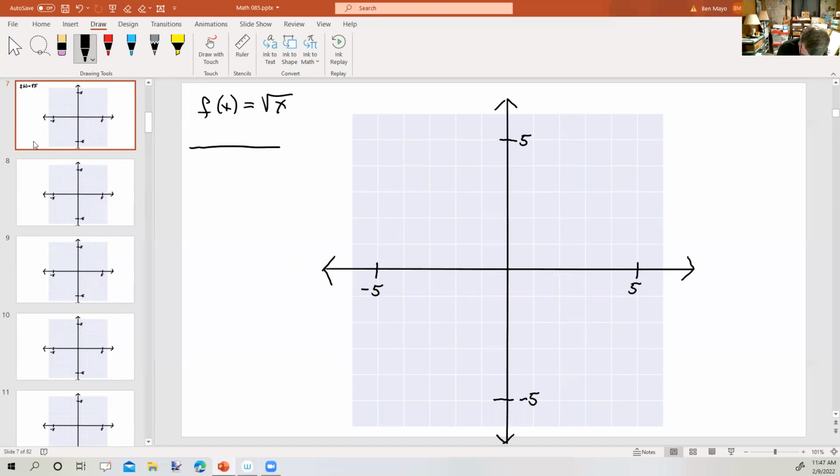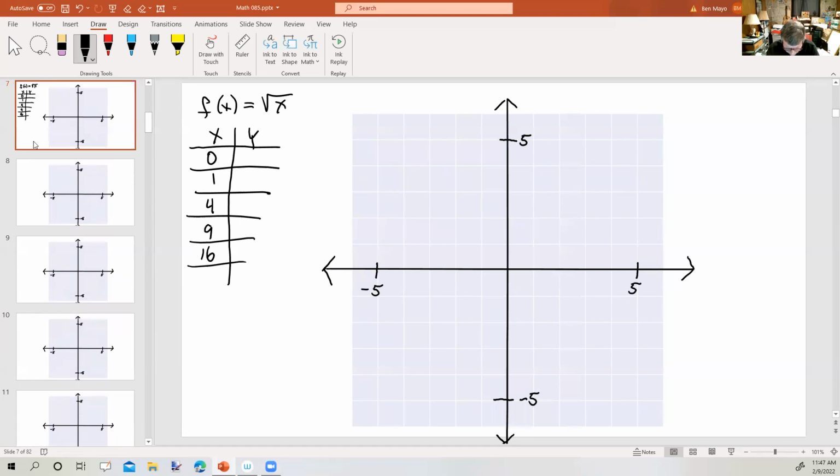Okay. For this particular problem, they already have the x values. Why do you think they use 0, 1, 4, 9, and 16 for x values? Because those are perfect squares.